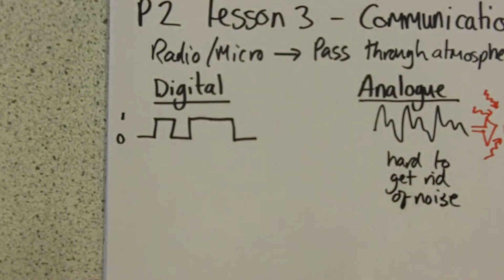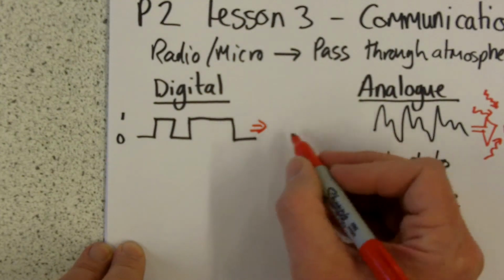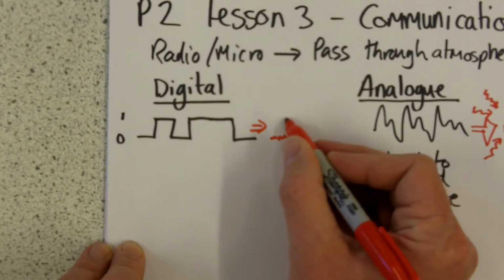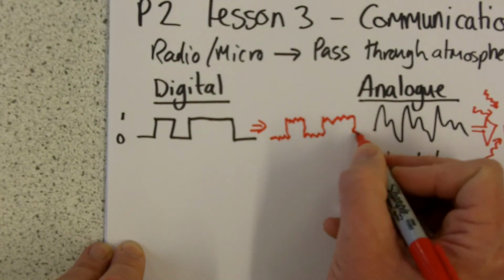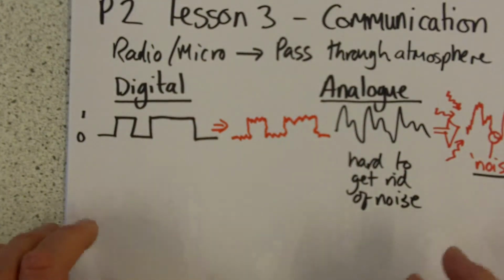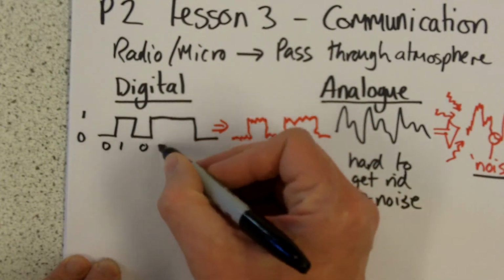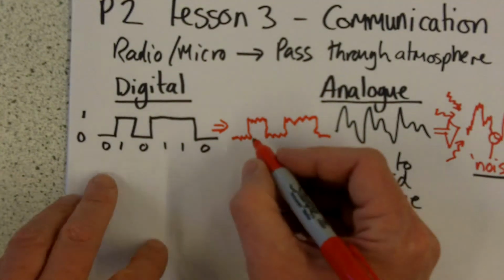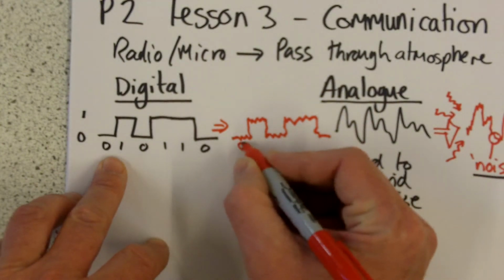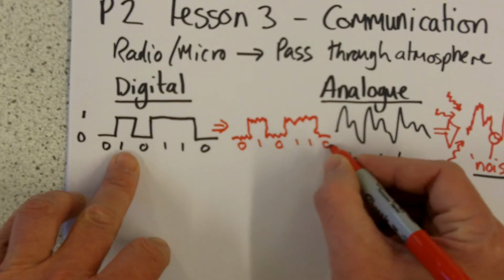Digital signals, however, are much easier to deal with in terms of noise. If I send this signal, you can see there's also noise on my digital signal. But when I look at my digital original signal, 0, 1, 0, 1, 1, 0, even though the signal that's arrived has got noise on it, it's still discernibly a 0, a 1, a 0, a 1, a 1, and a 0.